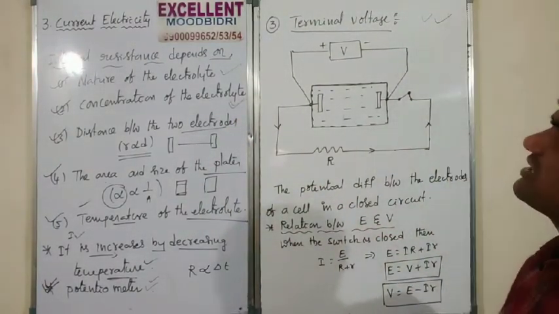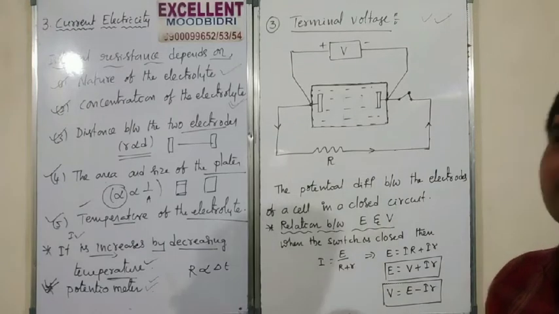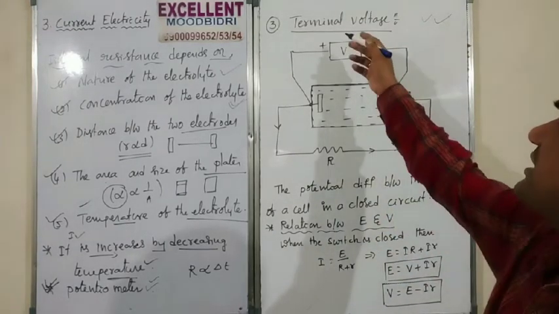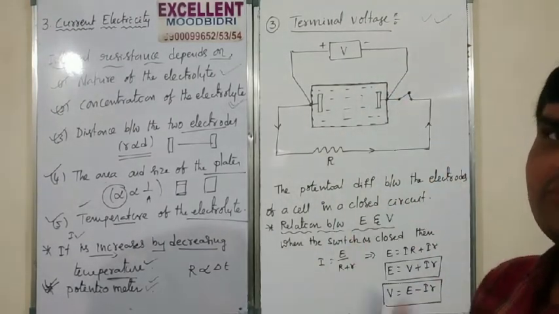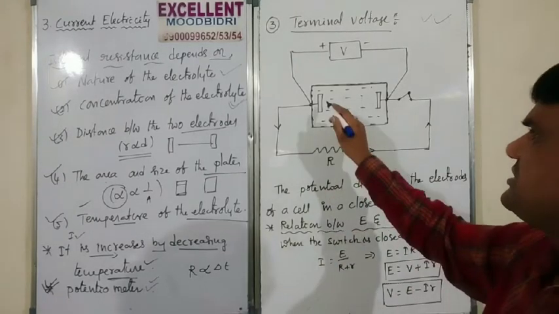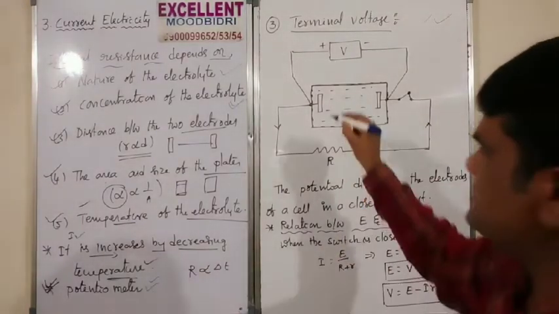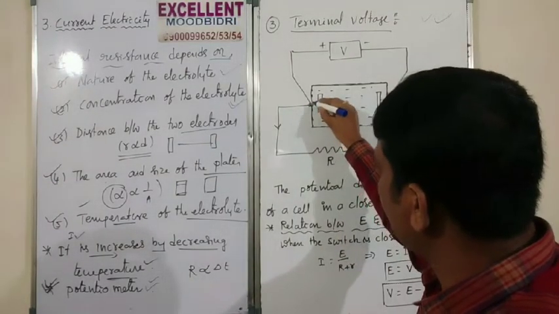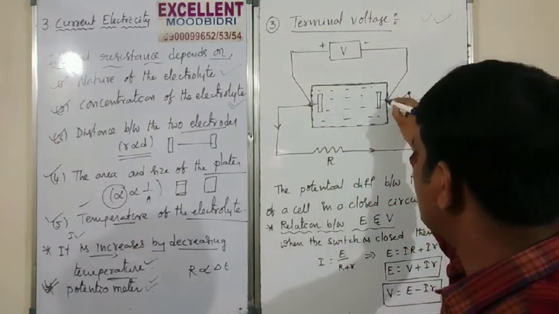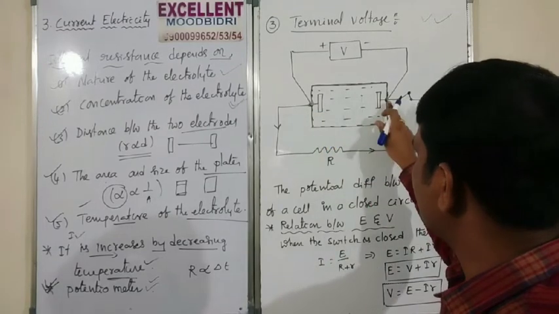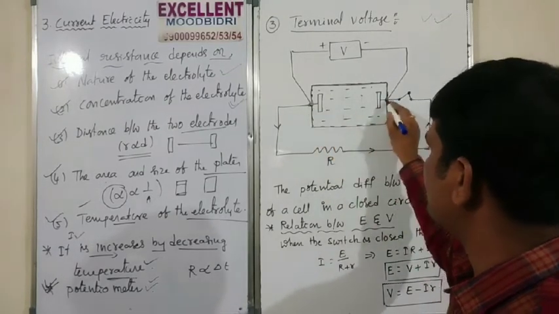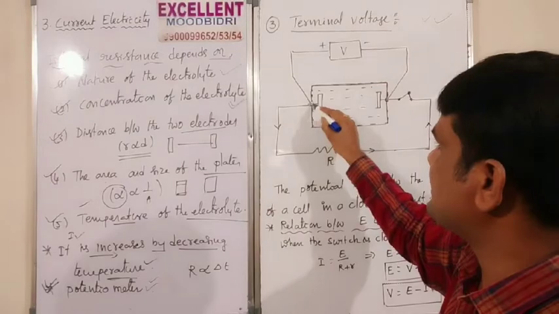Next, very important concept, this one. What is the terminal voltage? Previously I have also given EMF. Now, terminal voltage. Terminal voltage means the potential difference between the two electrodes, the terminals. This is the positive terminal, this is the negative terminal. These are the terminals.